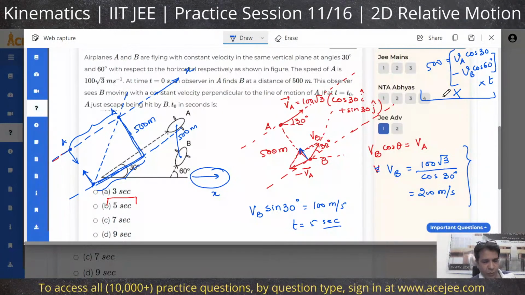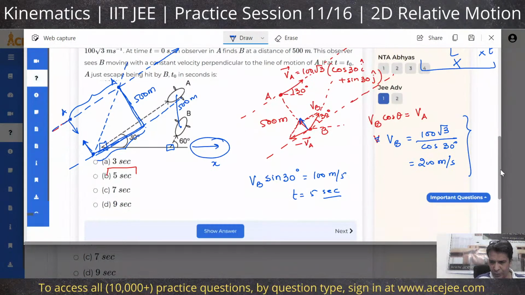So, beta, Manan was trying to... So, this is not correct, by the way. What he was asking was, is 500 along? Looking at this image, he assumed that at time t equals 0, they were here. Correct?